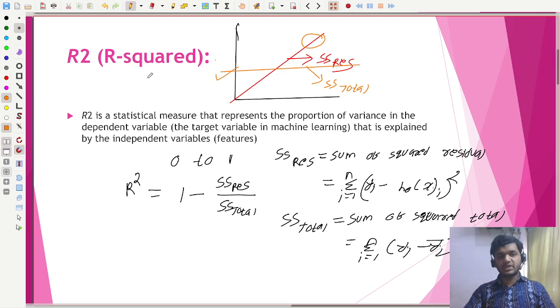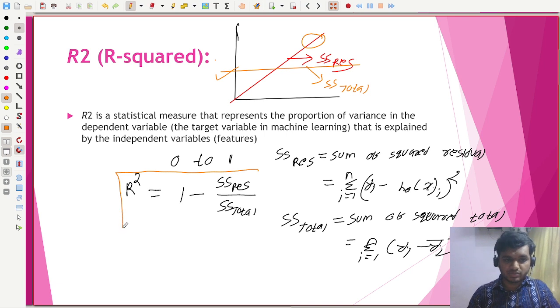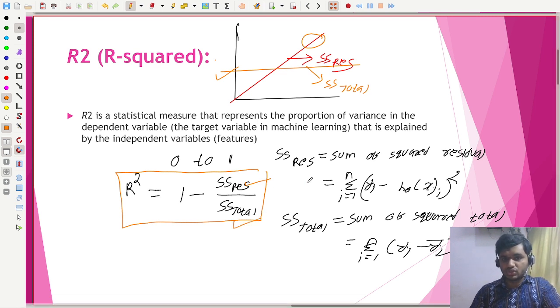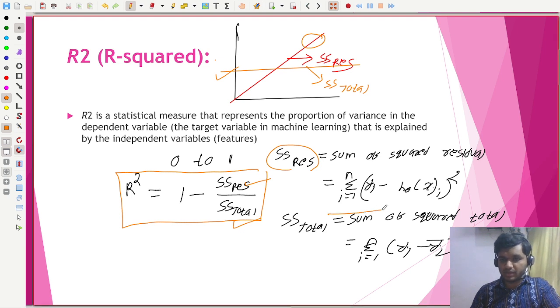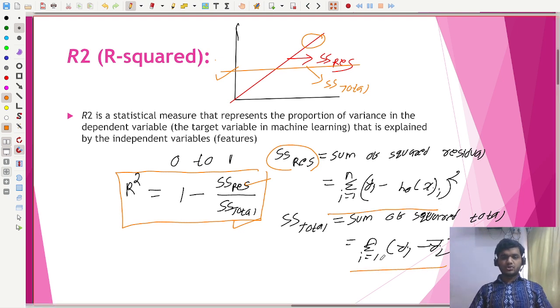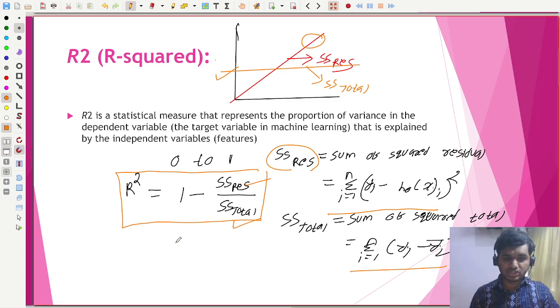So in R square, we calculate by this formula: R square equals 1 minus SSRES divided by SS total. SSRES is the sum of square residual, that is the formula of SSRES, and that is the formula of SS total. Here you notice the value range is 0 to 1.